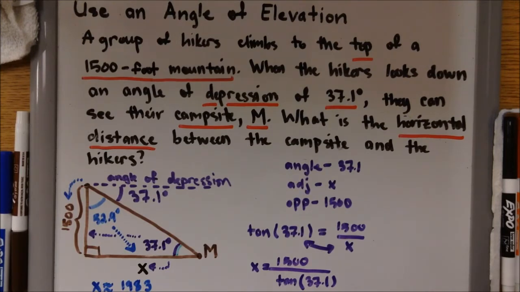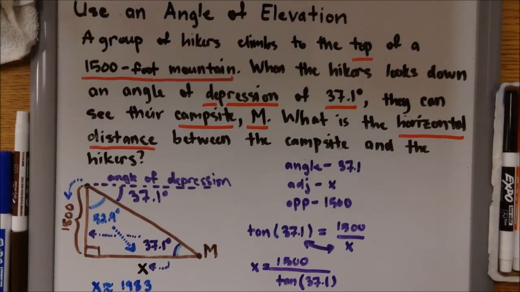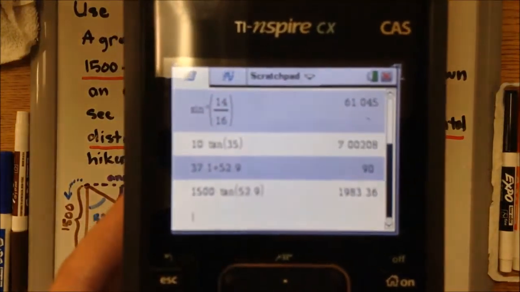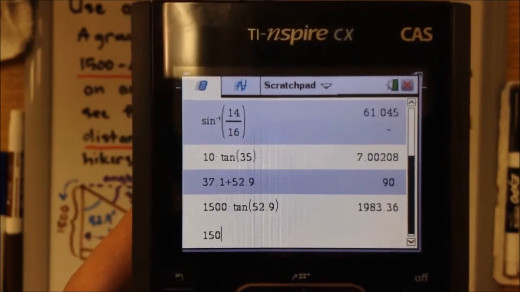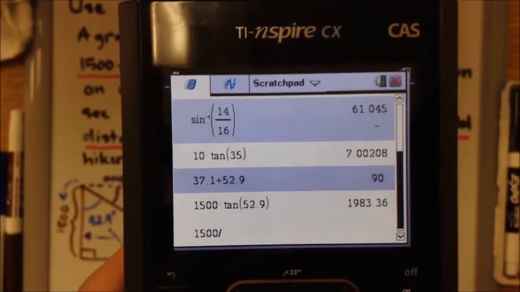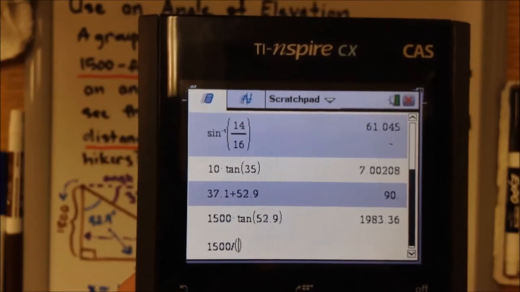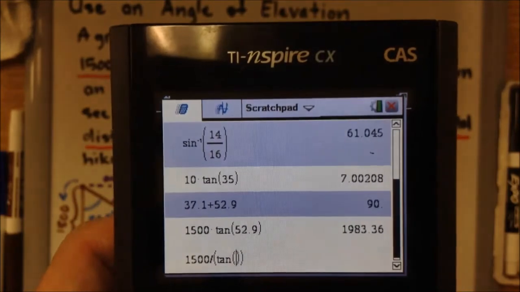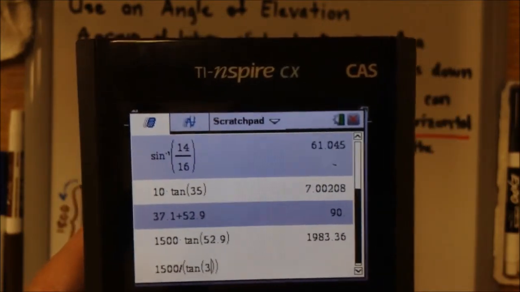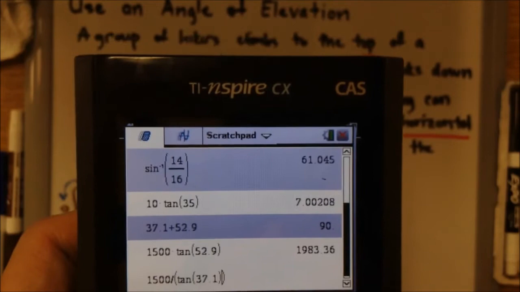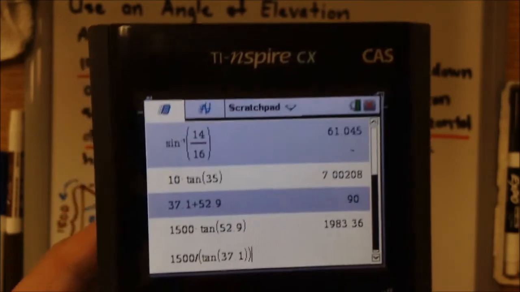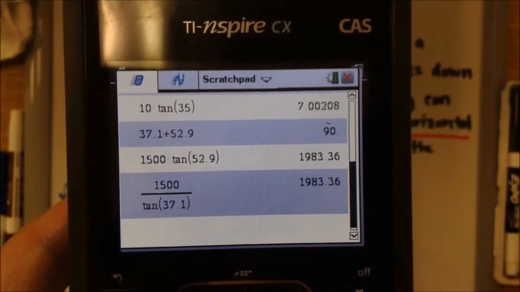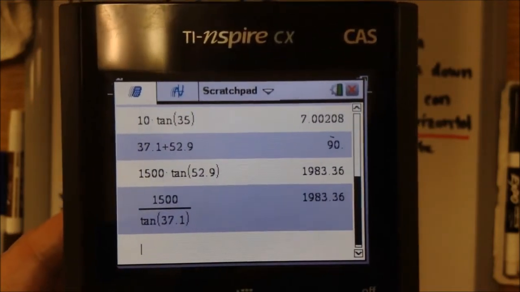Alright, so let's type that in the calculator. So I'm going to put 1,500 divide, I'm going to put parentheses since I'm working with a function, hit trig, go to tan, put 37.1, get outside the parenthesis, hit Control Enter, I get 1,983.36, pretty much the same as the one before.